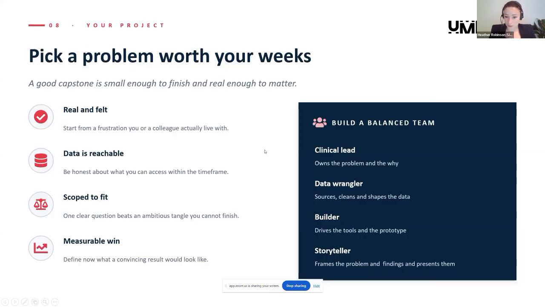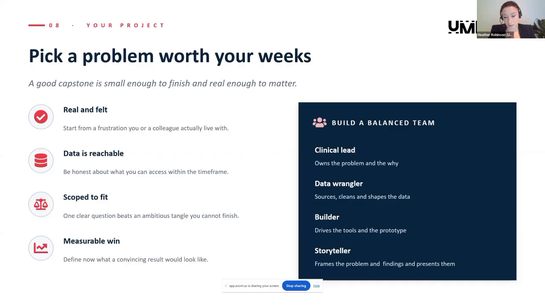If you are working in a team, the types of people that you might want to have taking responsibilities for different tasks would be one person leading the project who understands very clearly the ask, what is the problem and why are you doing it. Somebody that's going to take responsibility for data processing, which is probably a good half of the project.